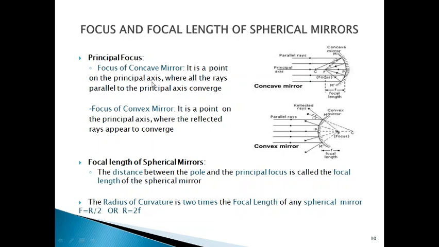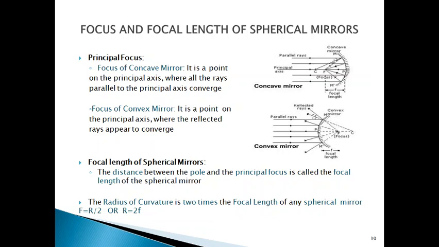It lies on the principal axis, that is why it is known as principal focus. So, principal focus is a point on the principal axis where all the rays parallel to the principal axis converge. That's why the concave mirror is also known as the converging mirror, because it converges all the parallel rays of light to one point called focus.